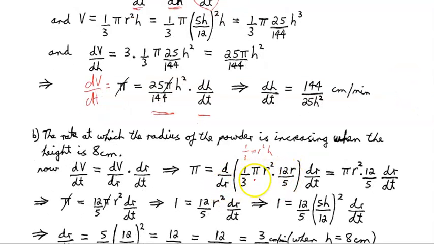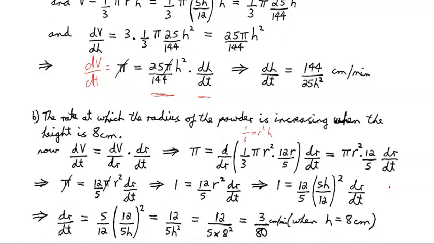So we want to find the derivative with respect to r of that expression, times dr/dt, which we don't yet know. Tidying this up, we've got pi r cubed on 5, so differentiating that gives us 3r squared, but there's a third here, so that cancels out, and we're left with pi r squared 12 on 5 times dr/dt.